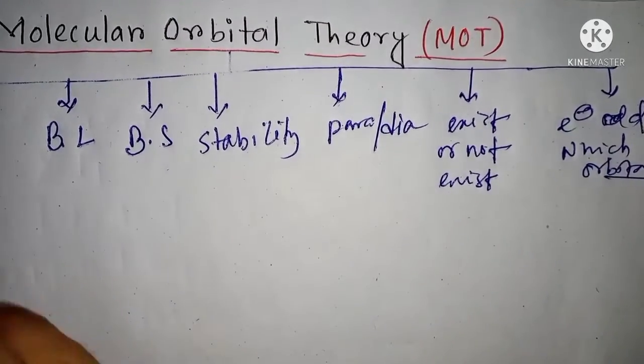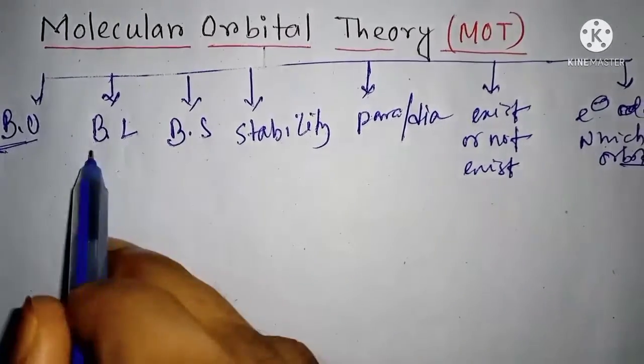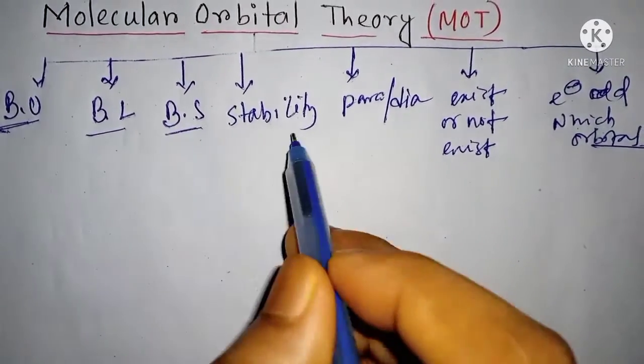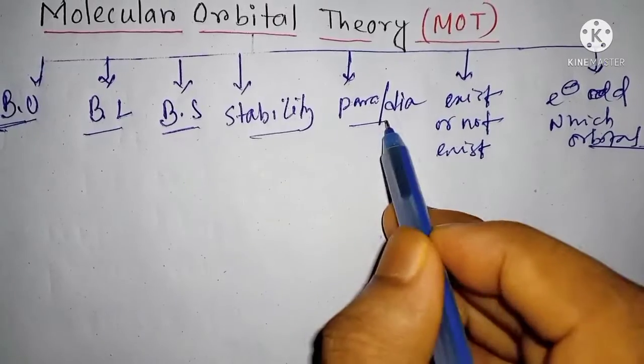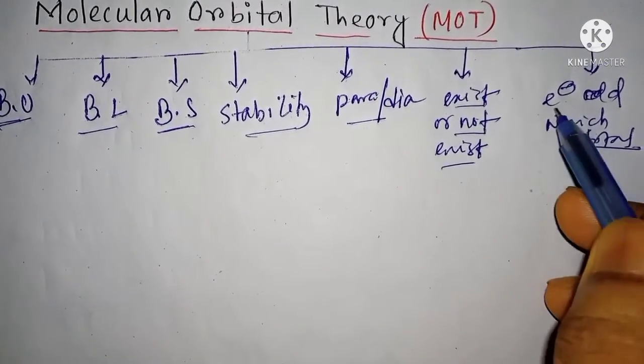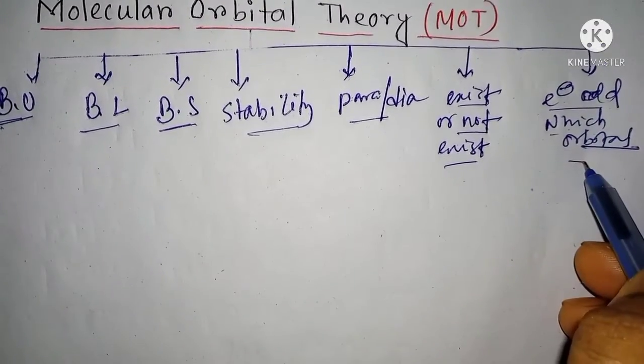So this topic is most important: bond order calculation, bond length, bond strength, stability, paramagnetic or diamagnetic, exist or non-exist, and electron at which orbital.